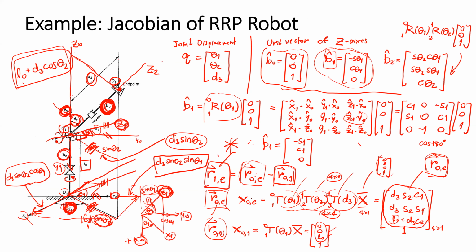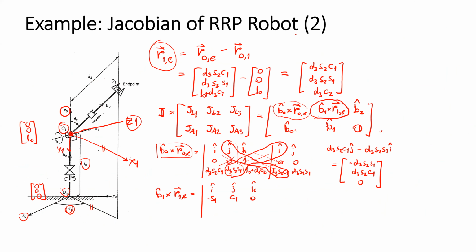And the relative position vector from 1 to end effector is D3 S2 C1, D3 S2 S1, and D3 C2.